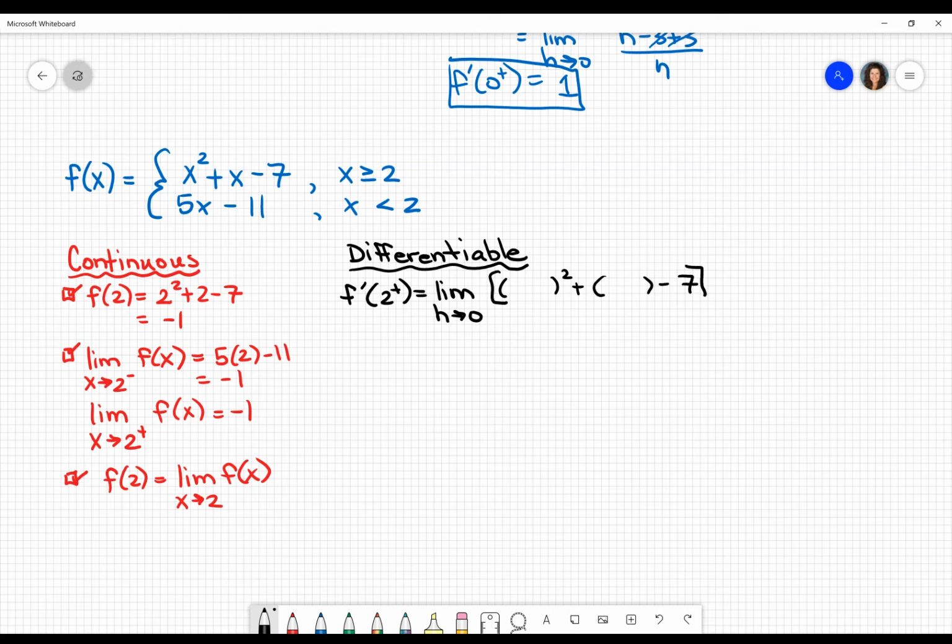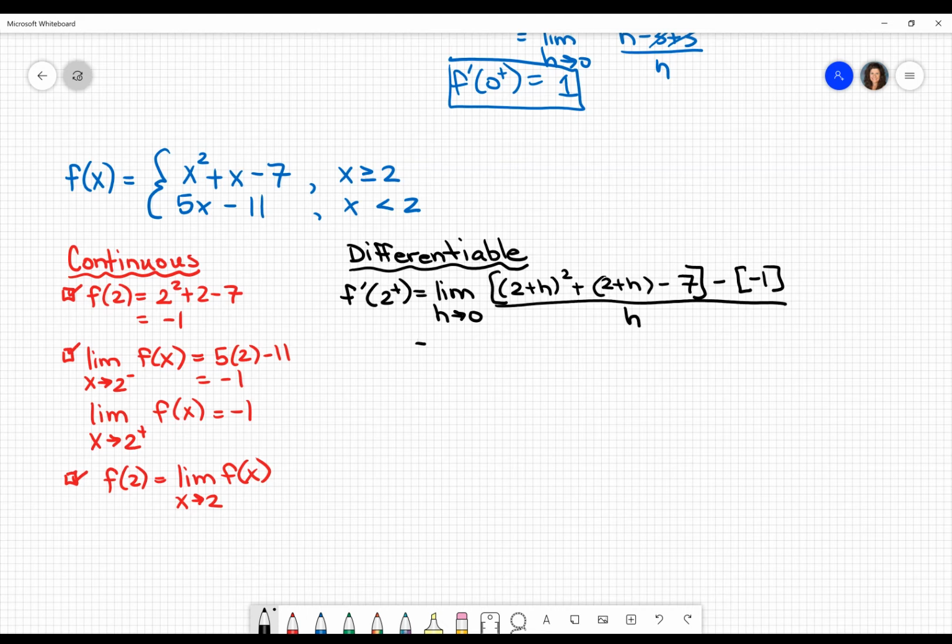Just trying to help you out with those x plus h's. Since I'm approaching it at 2, I'm going to have 2 plus h squared plus 2 plus h minus 7. And then minus, I substitute 2 into that expression. 2 squared is 4 plus 2 is 6 minus 7. Well, we already knew that was a negative 1.